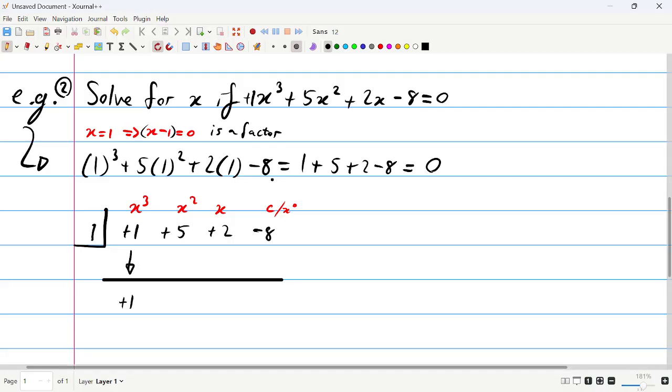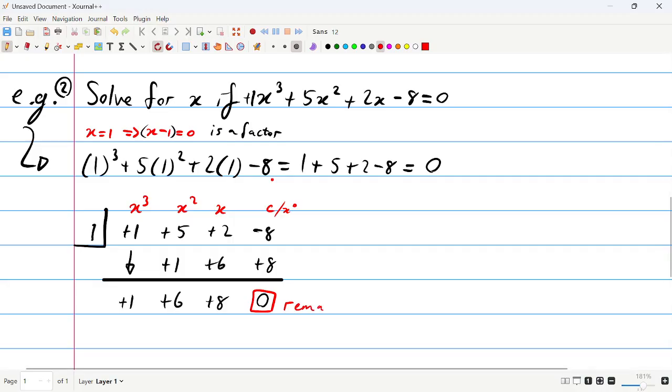Now we can do the multiplication across. So 1 times 1 is just going to be positive 1. 5 plus 1 is just equal to positive 6. And then 6 times 1 is just going to be equal to positive 6. And then 2 plus 6 is just positive 8. 8 times 1 is just positive 8. Negative 8 plus 8 is just equal to 0. And remember that 0 is just your remainder.